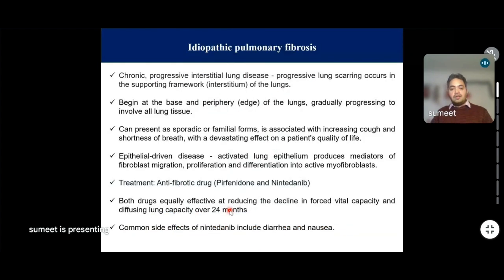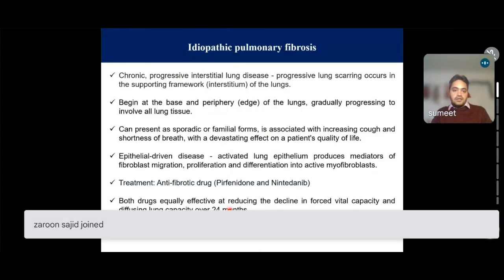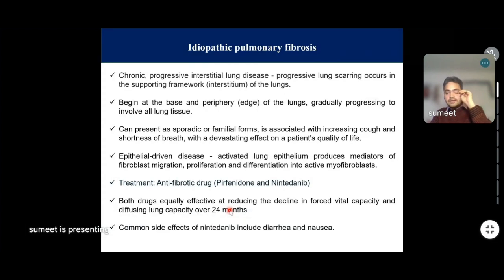So, the very first example I want to give is idiopathic pulmonary fibrosis. It's a lung disease. It's a chronic progressive interstitial lung disease, and usually it starts at the base and at the periphery of the lung.